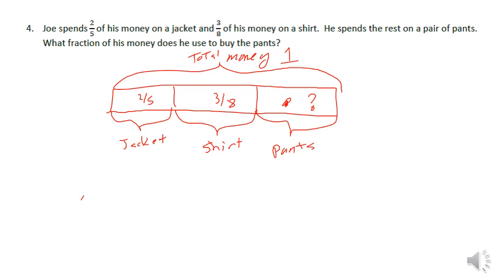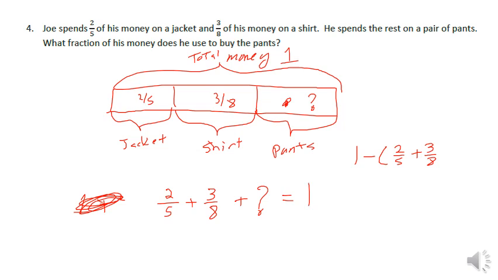So I know 2/5 plus 3/8 plus some unknown value has to equal 1. So by looking at this, I also know that if I take 1 minus the sum of 2/5 plus 3/8, that will give me how much the pants were. So let's go ahead and simplify this a little bit.